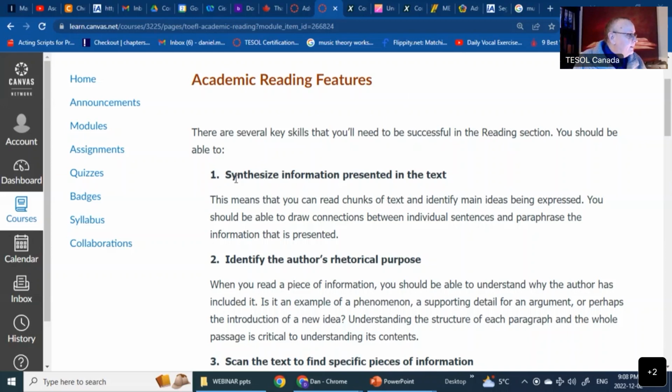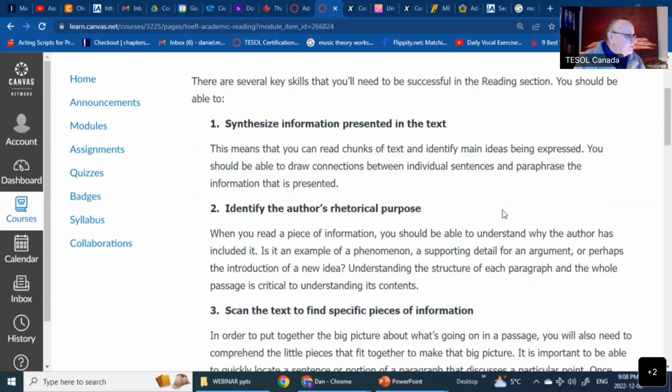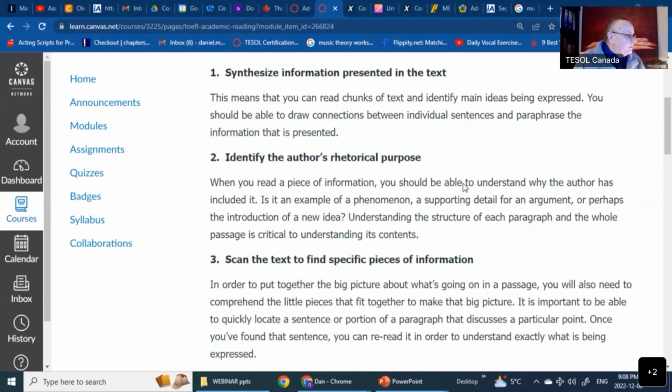First of all, synthesizing the information presented in the text. This means that you can read chunks of text and identify main ideas that are being expressed. You should be able to draw connections between individual sentences and paraphrase the information that is presented. Identify the author's rhetorical purpose.